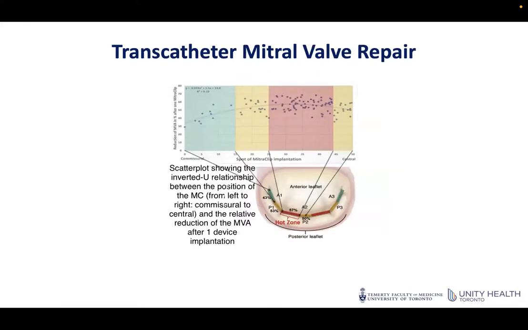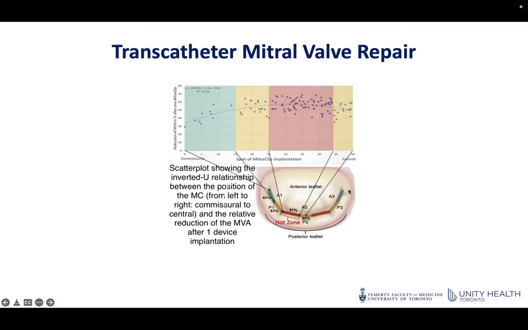Now, some final technical considerations. Every time we move along the commissural line, we have to consider that there could be a potential impact on the residual area. So the more we stay very central, A2P2, the potentially less impact we have as we move a bit more medial or lateral.